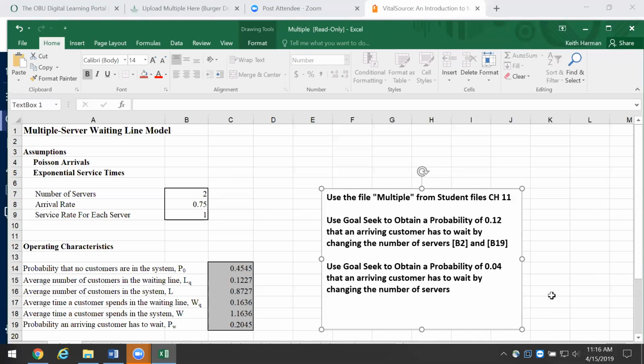Because we're doing some trade-off here, and we're trying to figure out, well, we're just going to try to run up the number of servers and see how many it takes to get us to a point where we have a solution, and we're going to use the goal seek to do that.